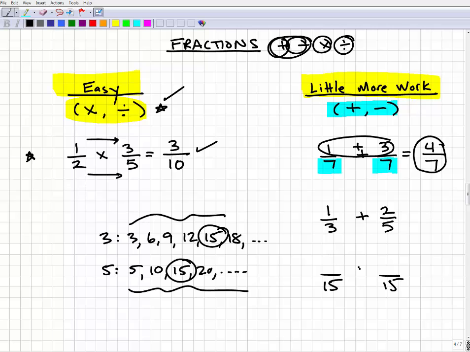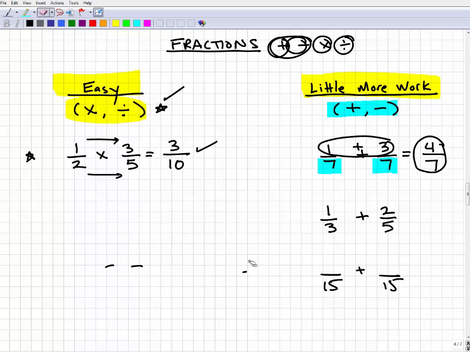So we need to rewrite these fractions such that they have 15 as their denominator, because it's the same number. And then, of course, I can do what I did up here and just add them. So how do I do that? Well, how can I make a 3 into a 15? How about multiplying by 5?